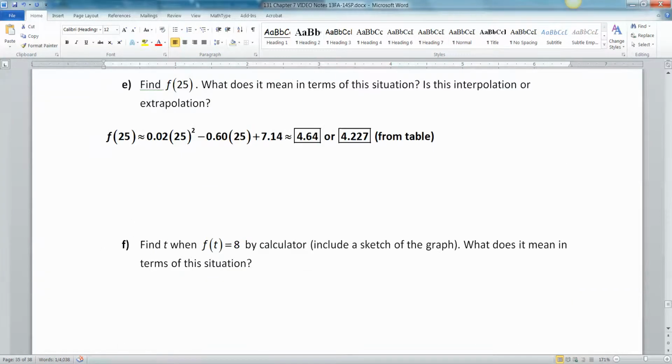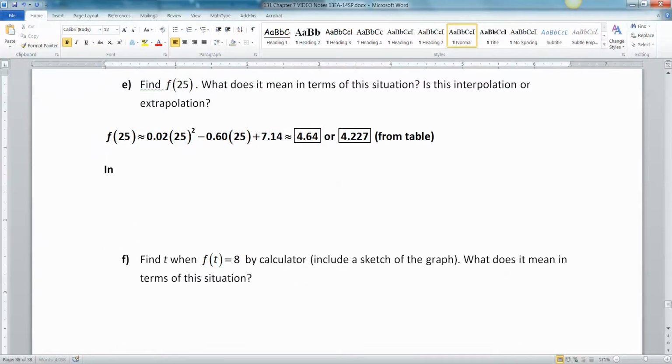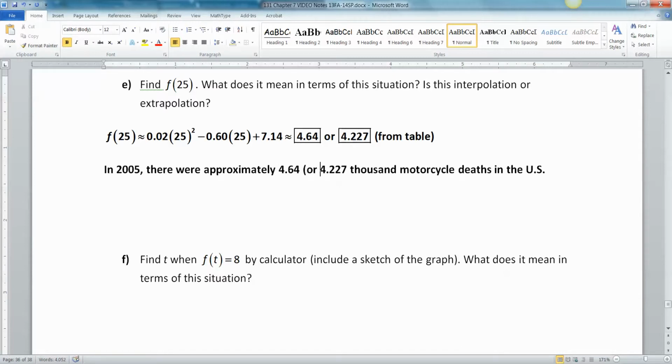So in 2005, there were approximately 4.227 thousand motorcycle deaths, or 4.64, whichever one you want to use in the US, right? If you want to say 4.64 or 4.227, whichever one makes you happy.